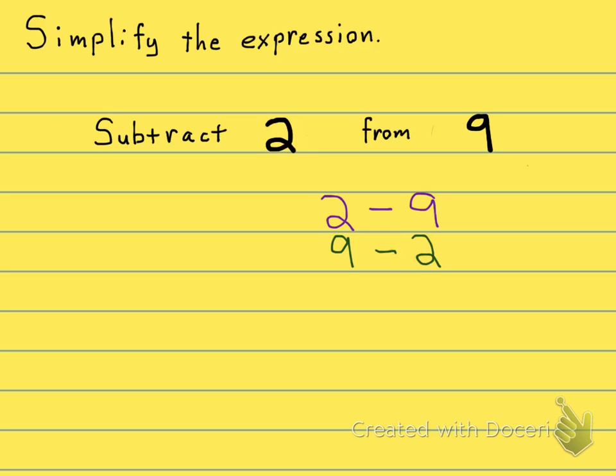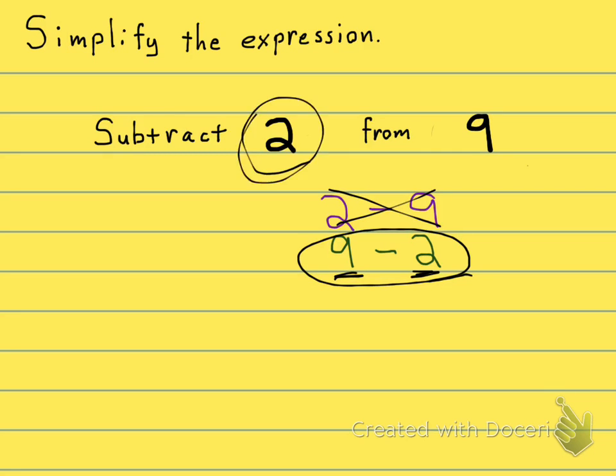One of them is subtracting 2 from 9, and the other one is subtracting 9 from 2. So this is the one that's asking us to subtract 2 from 9. This one's actually asking us to subtract 9 from 2. So you see what's happening is the thing that you are subtracting goes behind the minus sign.